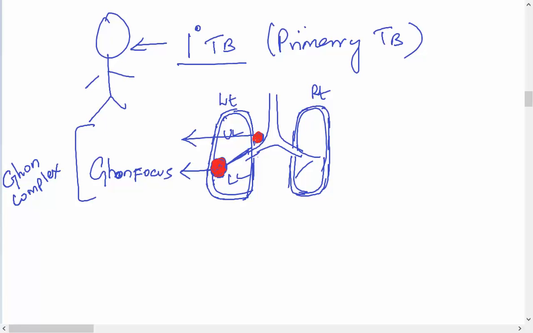So this is called, in radiology, Ranke's complex. So when I see Ranke's complex in an X-ray, I will say he had primary tuberculosis, and it is healed and calcified. Clear or not?